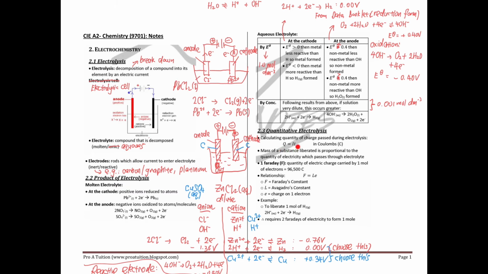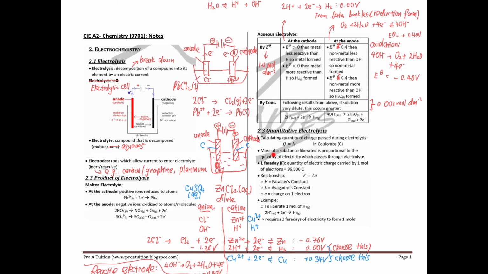And we need to know the time also. So how long you turn on the battery. To find out the time, we need a stopwatch. So you take the current, multiply with the time, then you get the Q. The Q is the amount of charge, so the unit is coulombs.